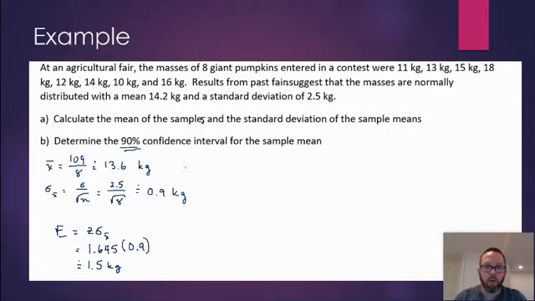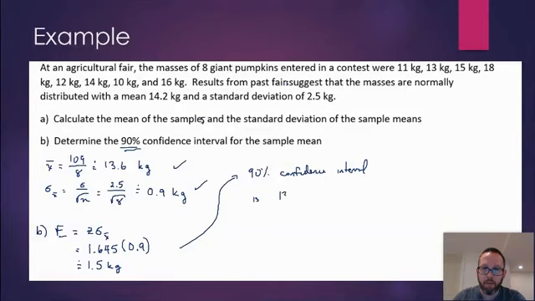All right, so we've got part A done. And now we're ready for part B. So now we can say our 90% confidence interval is 13.6 kilograms plus or minus 1.5.